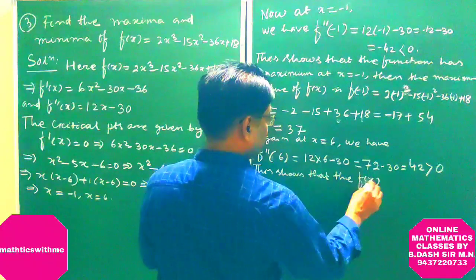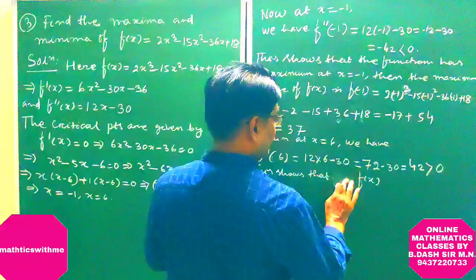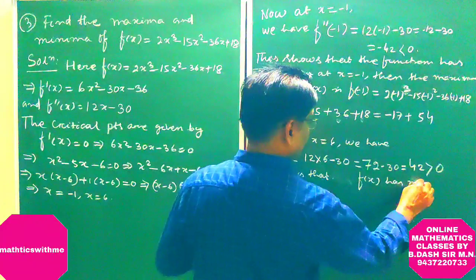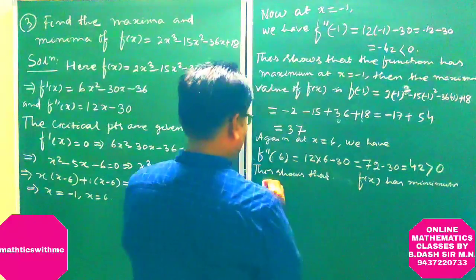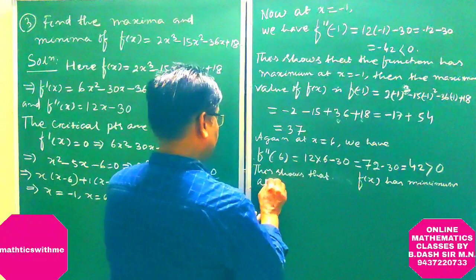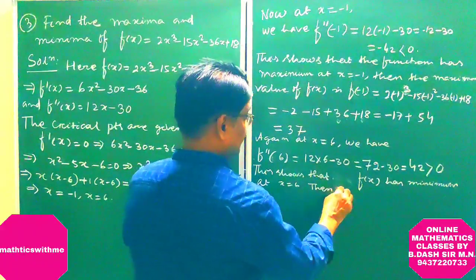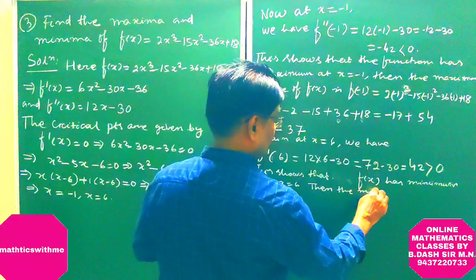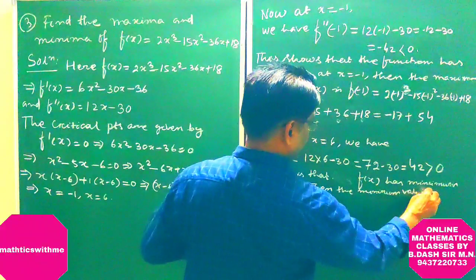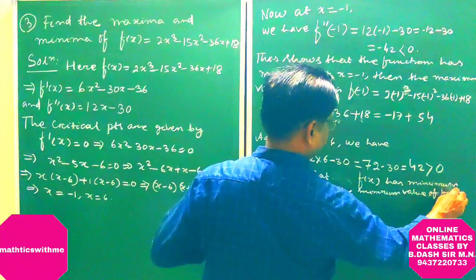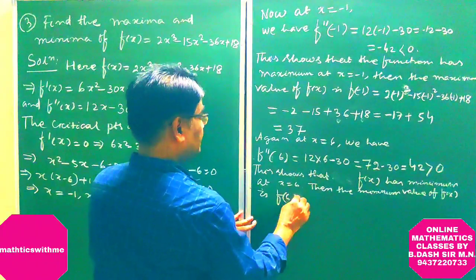the function f of x has minimum at x is equal to 6, then the minimum value of f of x is f of 6.